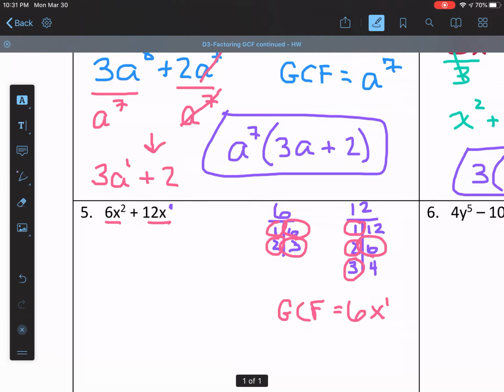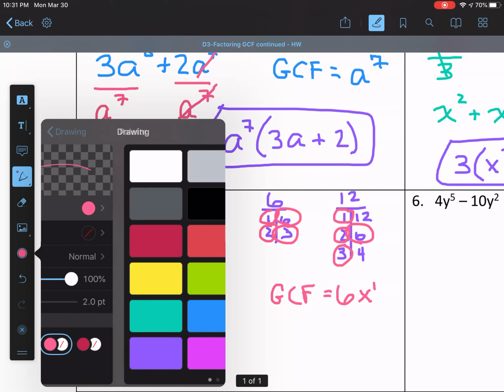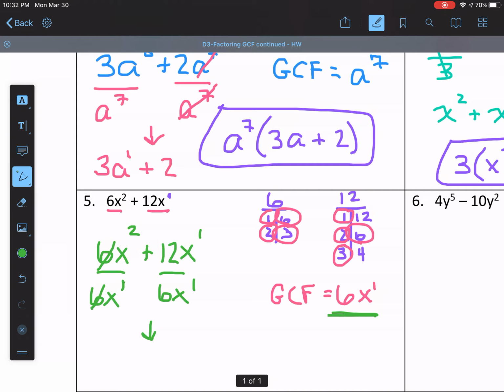Okay? All right, so now we're going to take our original problem and we are going to divide each piece by our GCF, the 6x to the first. Okay, so our 6's here, they reduce to 1 or cancel out.